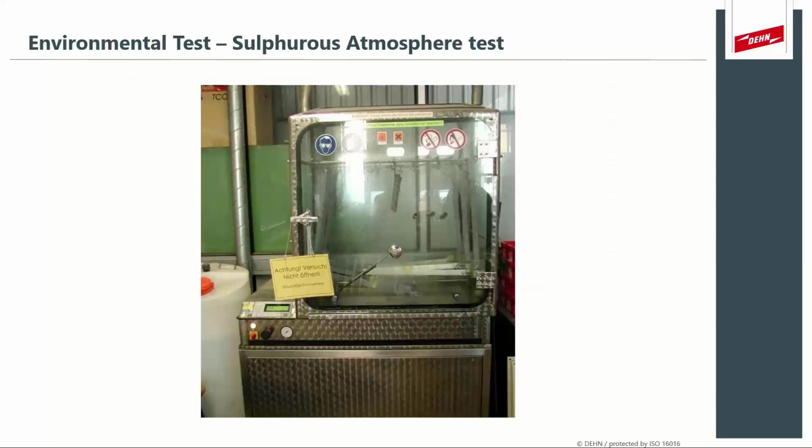There's also a sulfurous atmosphere test. So for the oil and gas industry, where we might have corrosive atmospheres and corrosive areas, we can corrode certain materials and clamps much faster, in a much more accelerated way.